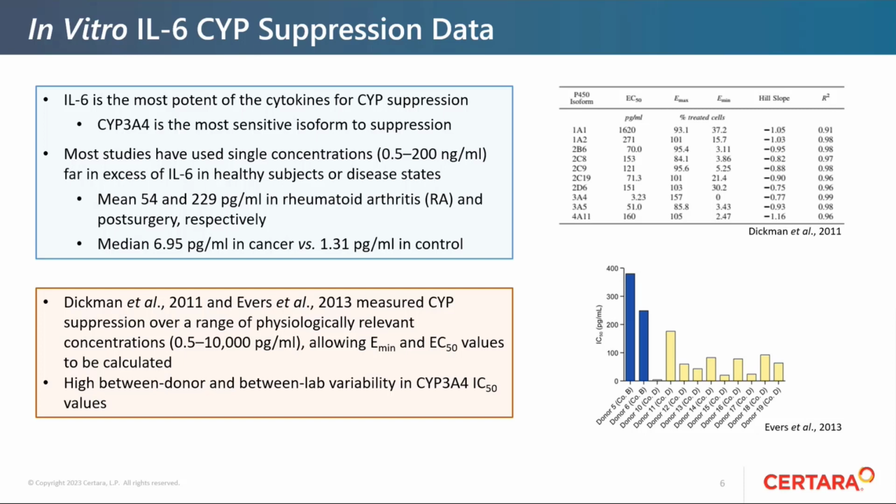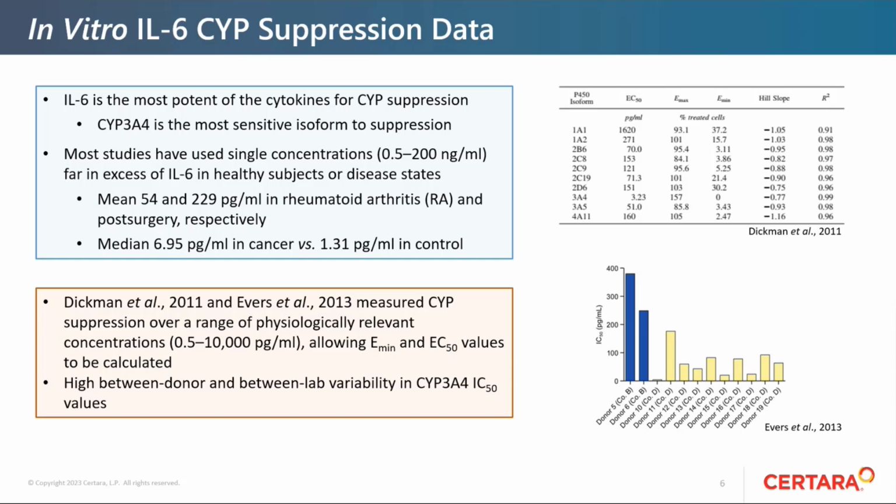So let's dive right into the in vitro evidence, and let's look at IL-6. The majority of the available in vitro data focus on IL-6, and of the cytokines tested in vitro, IL-6 generally causes the greatest CYP suppression, with 3A4 being the most sensitive isoform. Most studies usually measure the effect of cytokines at a single concentration that is far in excess of those seen in diseases or after immune modulator administration.